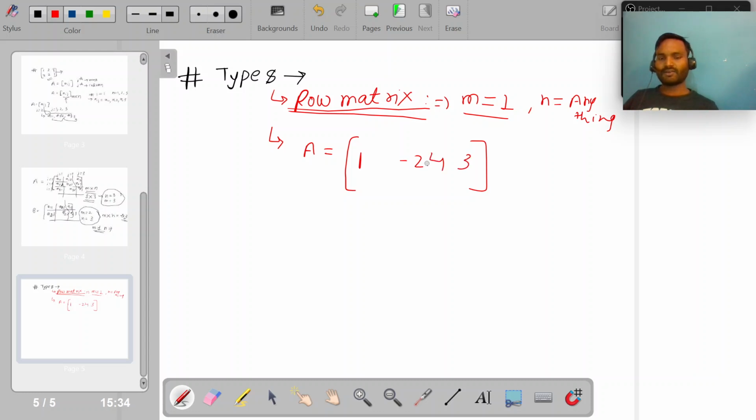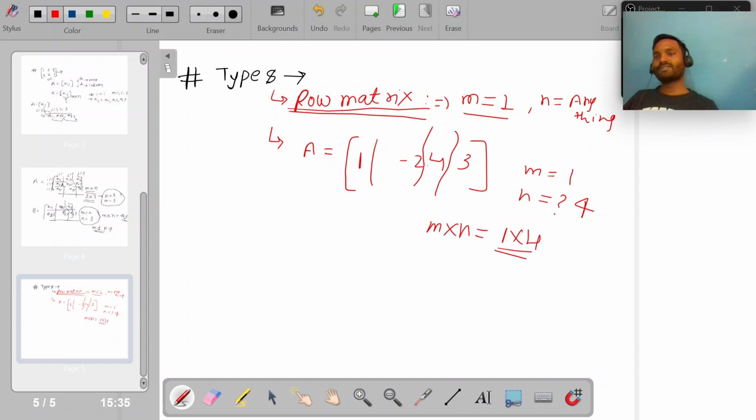Here m is equal to 1. Can you tell me the value of n? 1, 2, 3, 4, so n is equal to 4. The order of the matrix is m cross n, which is 1 cross 4. So this is a row matrix.